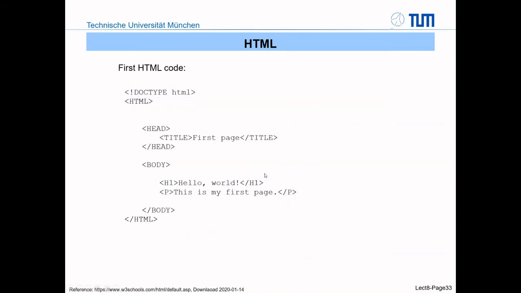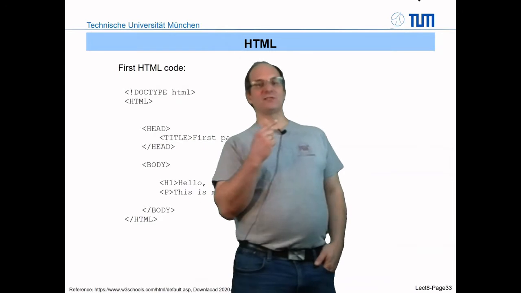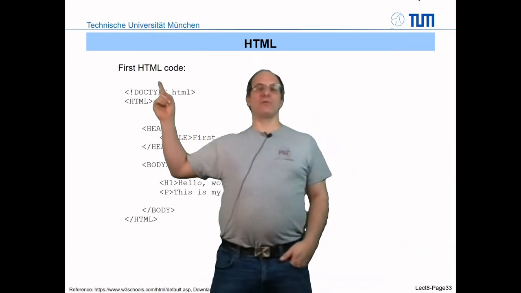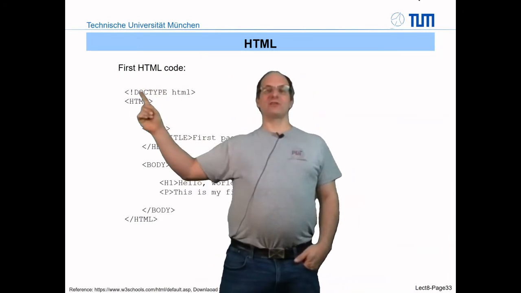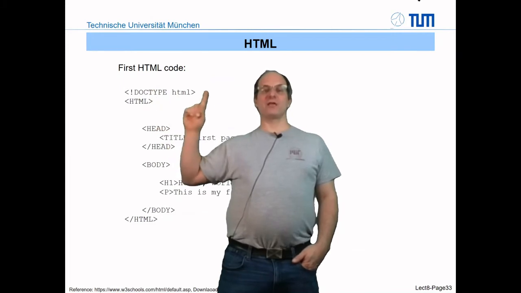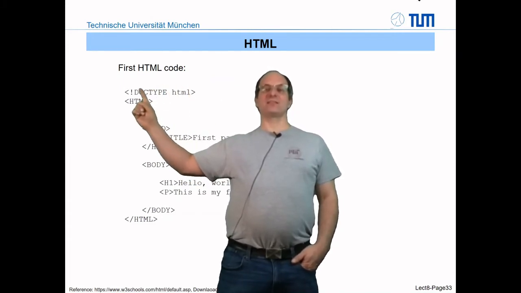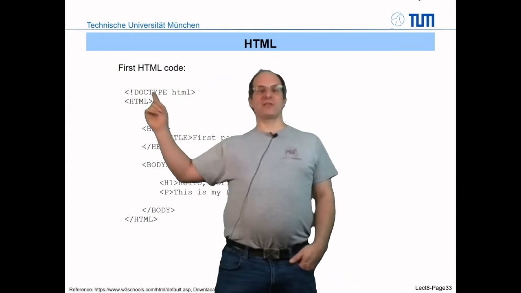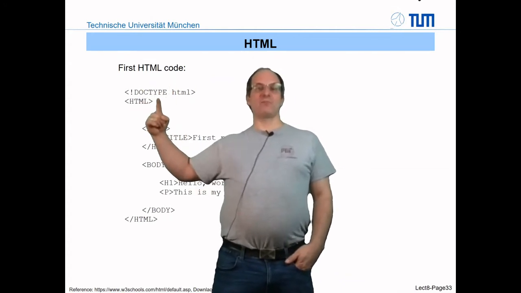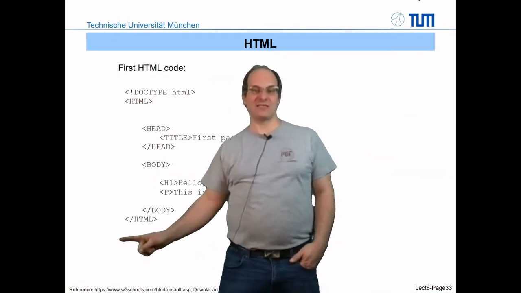So how does an HTML code look? Remember, it's a subset of XML, so the structure will be very similar. You have additional definitions for the interpretation, so for the program. In this case, you can set a doctype, you can also set the version and things like that. And then the important thing is that here you have a starting tag and an ending tag.